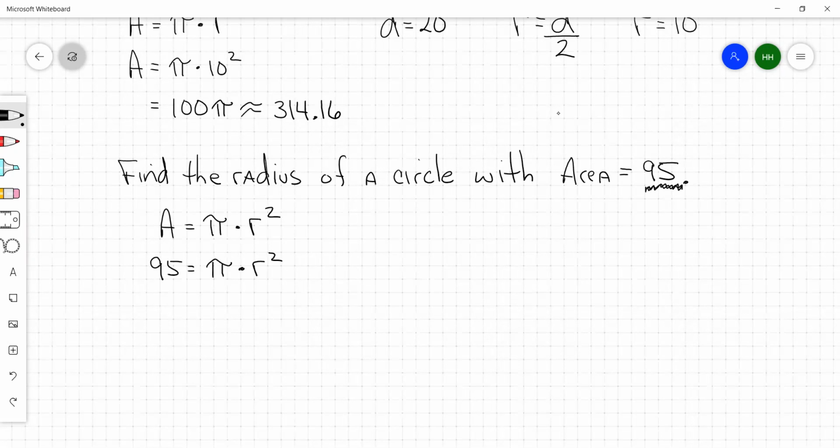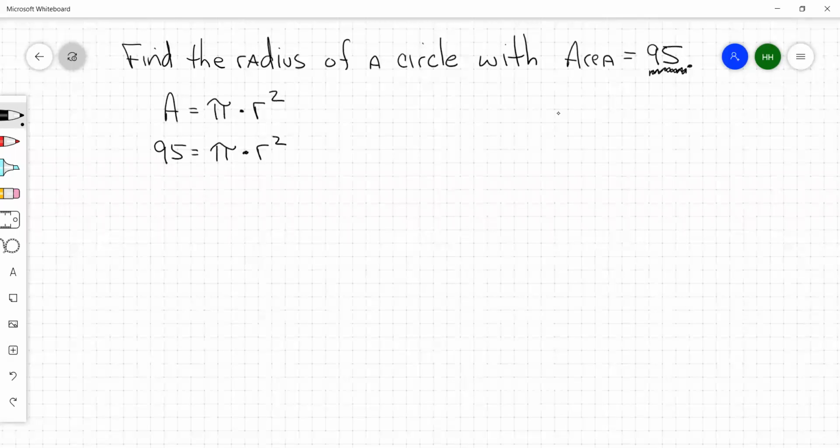And then we're going to solve for r. So going to divide both sides by pi. These pi's cancel. And 95 over pi equals the radius squared. And now you need to find the square root of both sides to get the r by itself.